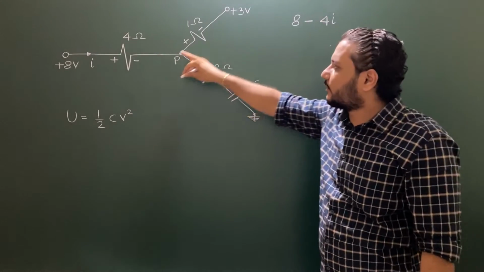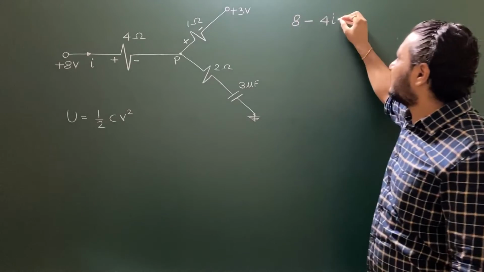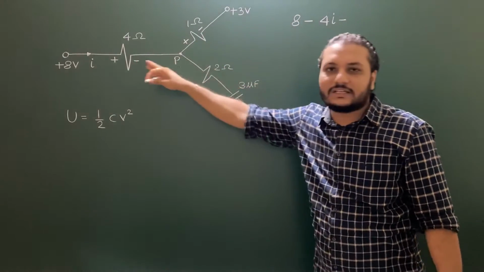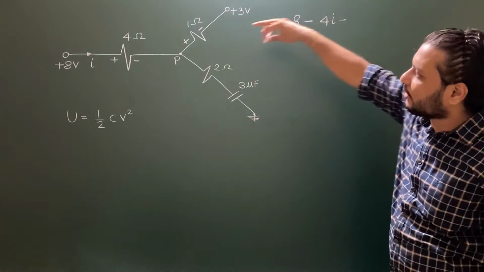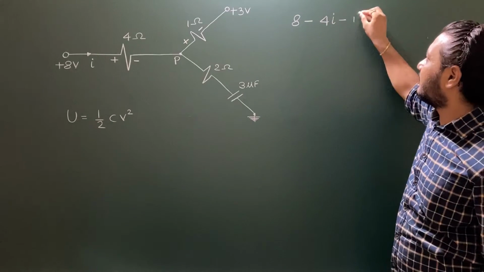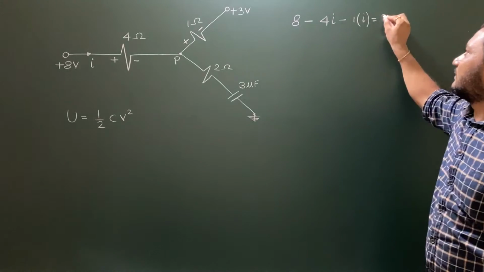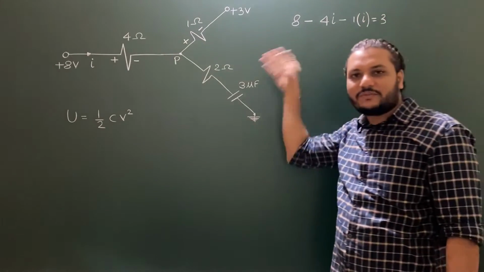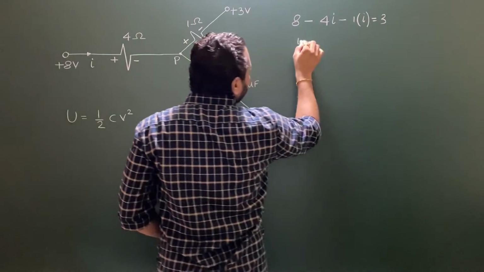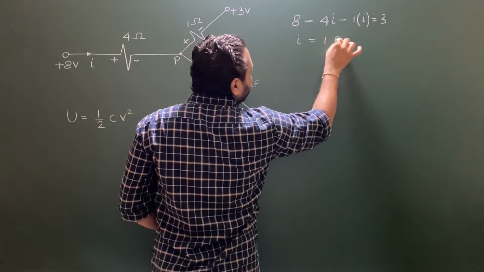And then we are going to this branch, plus to minus, again there is a drop across this resistor. Since all the current is going to this branch, the drop across that 1 ohm resistance is 1 into current value I, is equal to, we are having this plus 3 volt. If you simplify this equation, you will get I is equal to 1 ampere.